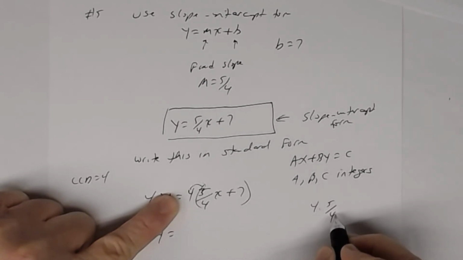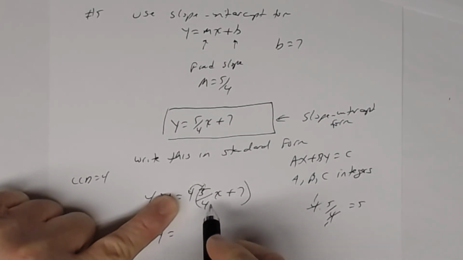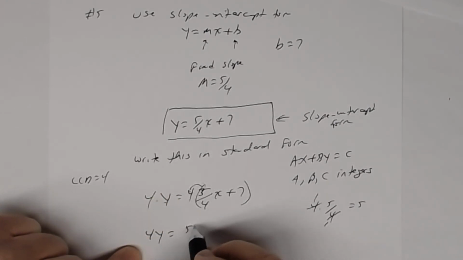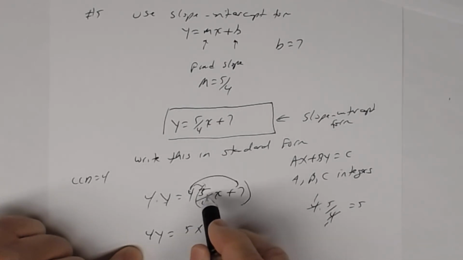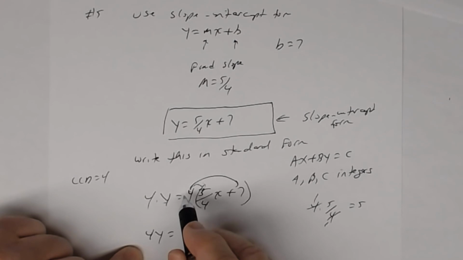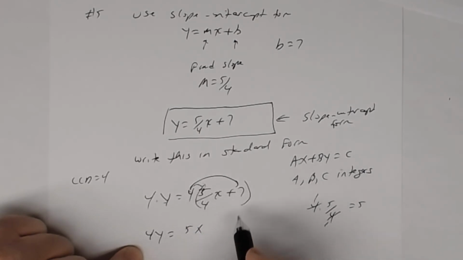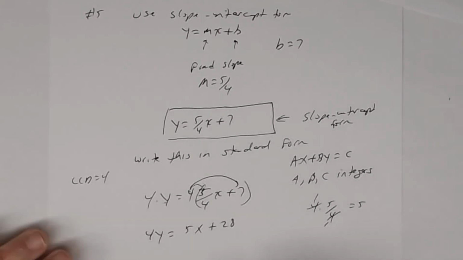And then let's reduce this. The 4's divide out, and 1 times 5 is 5. So 4 times 5/4 x is 5x. And then 4 times 7, remember you have to multiply both of the terms inside the parentheses by 4. So don't forget to do 4 times 7 as well. 4 times 7 is 28.